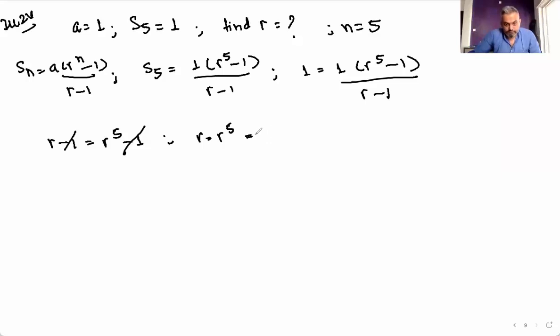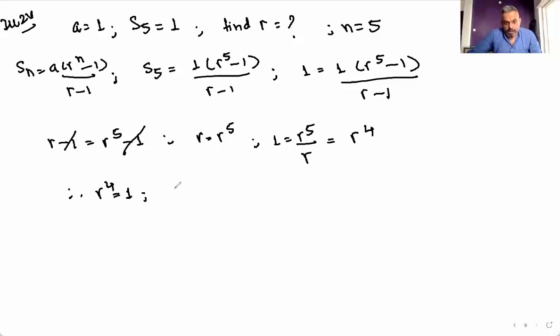So if we take this r down, it will become 1 is equal to r raised to 5 upon r, which is equal to r raised to 4. Therefore, r raised to 4 is equal to 1.